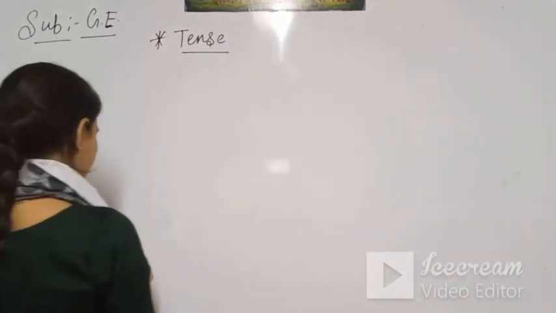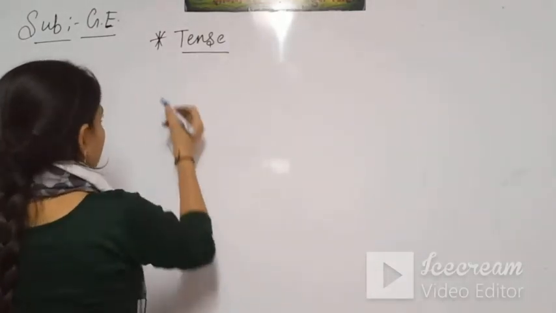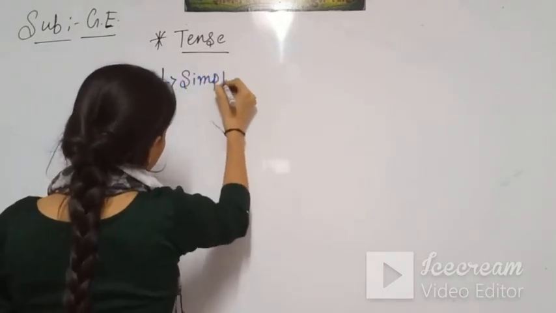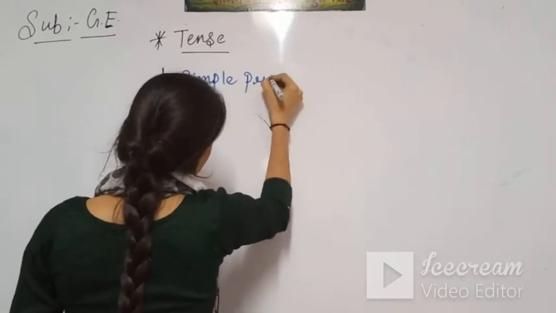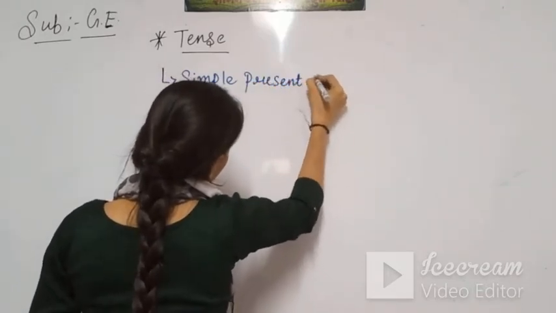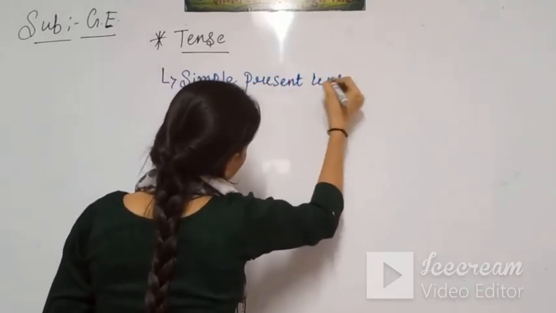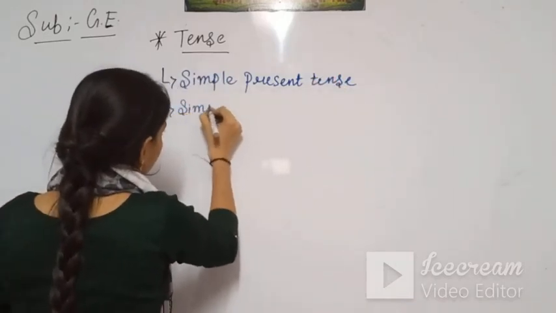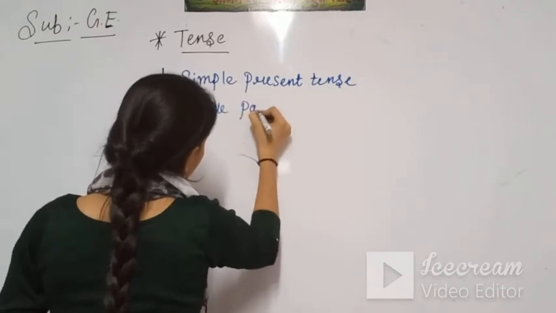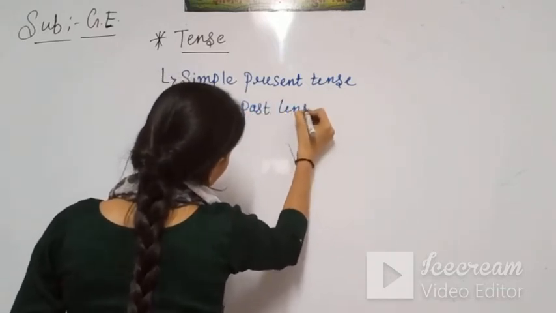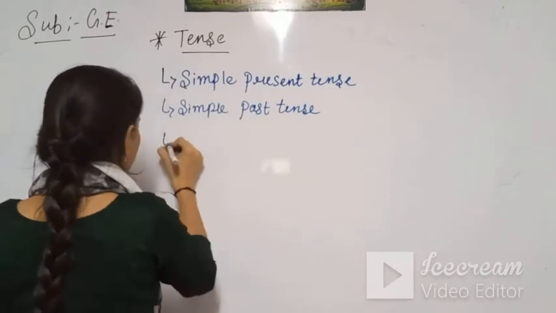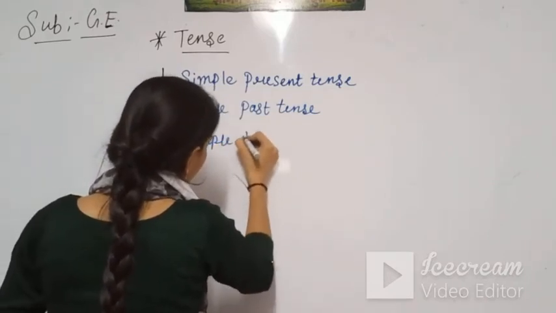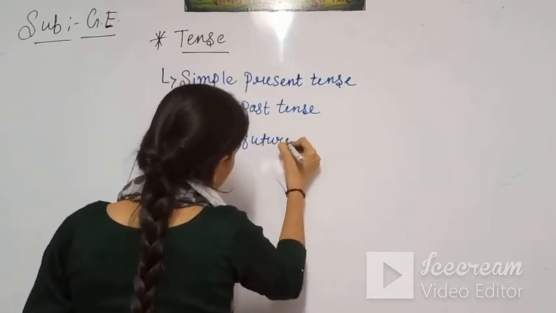Tense has three types. The first one is simple present tense, and simple past tense, then simple future tense.